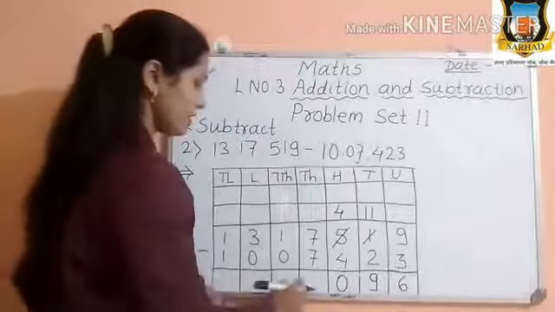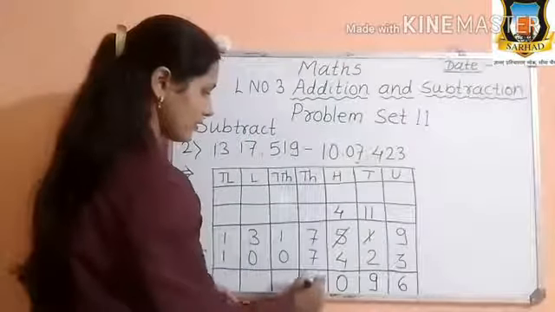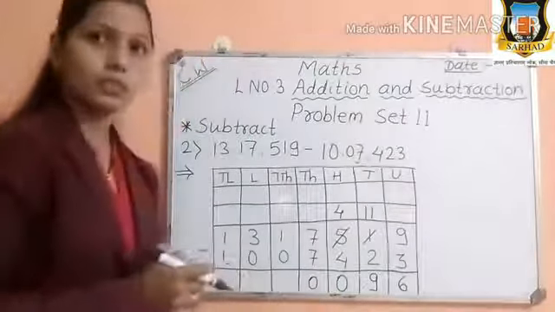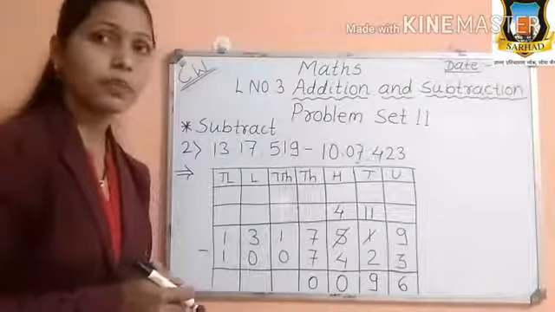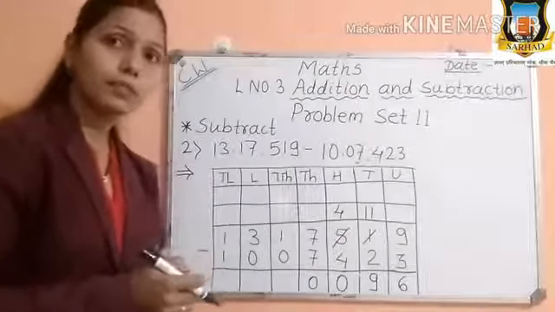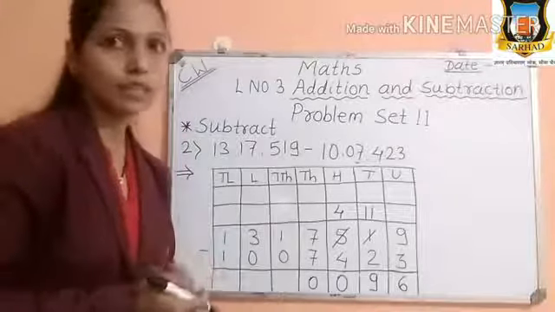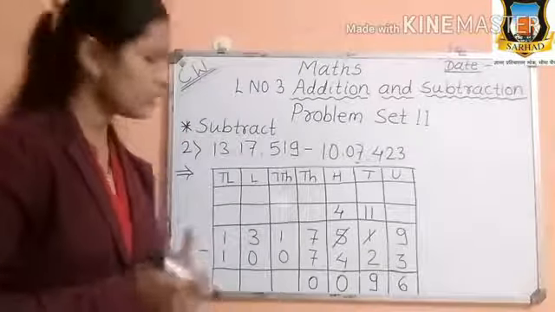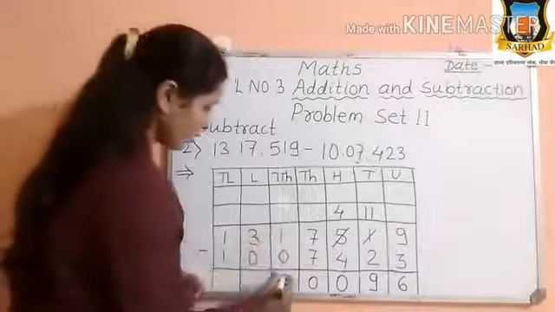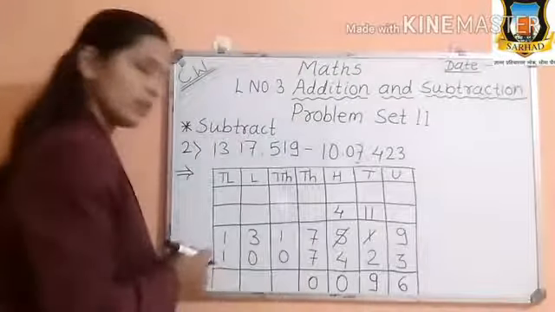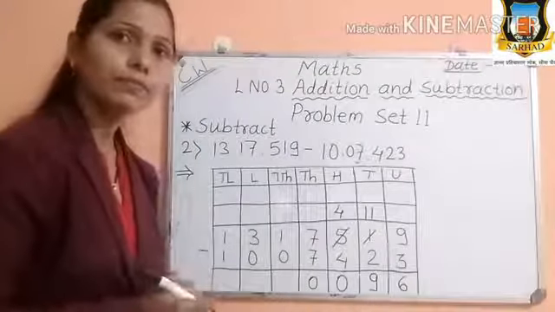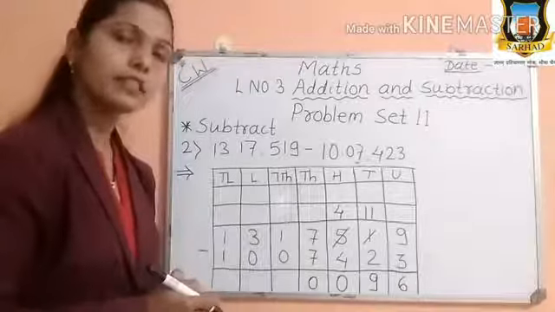0. 7 minus 7, 0. That is the zero property of subtraction. If we subtract a number from the same number, then we will get the answer 0. 1 minus 0, 0 or 1? Yes, correct.